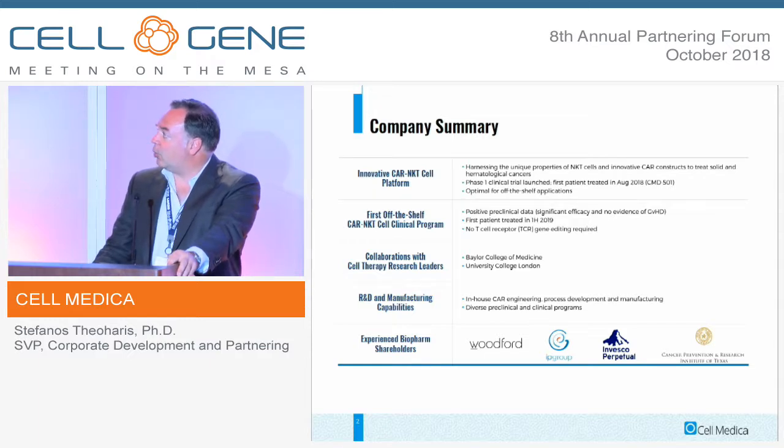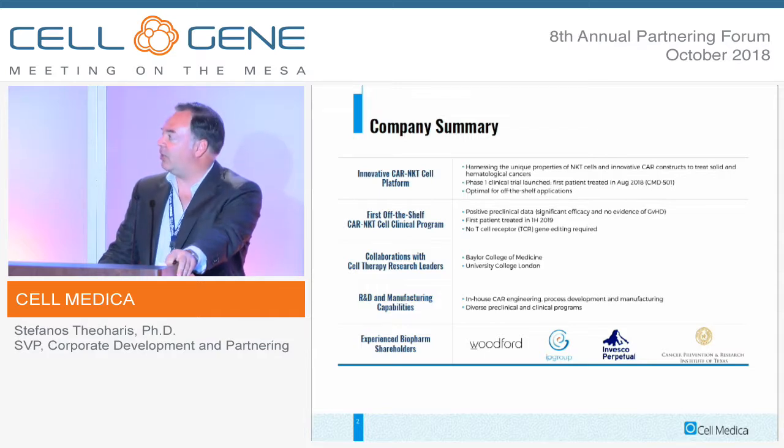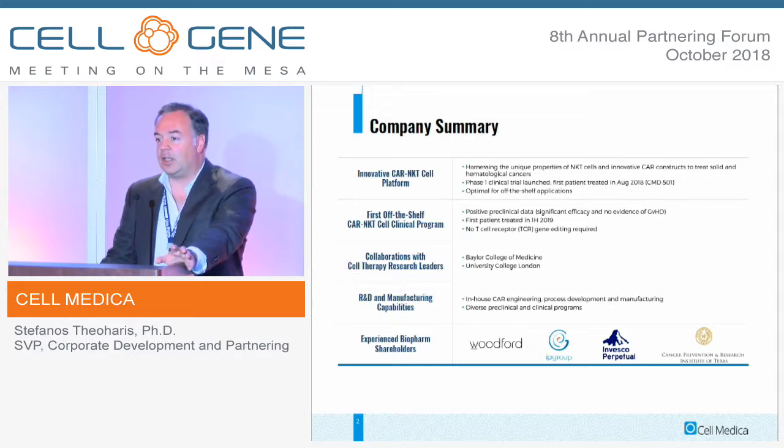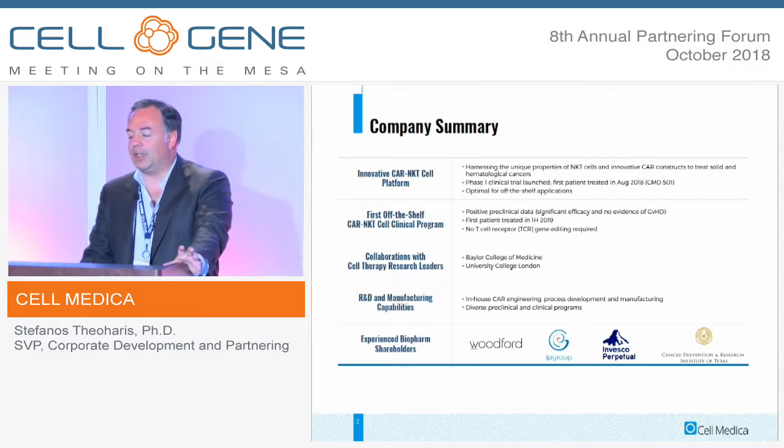So I will show you some data very specifically about the lack of GvHD that is associated with these cells, what makes them very important, and really the fact that this all derives from the invariant nature of NKT cells. And by that I mean they all target the same antigens.